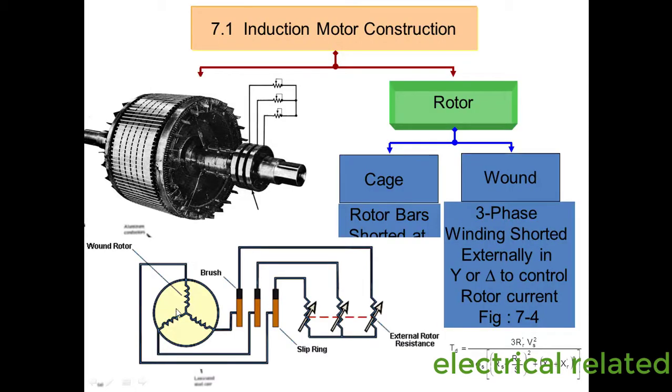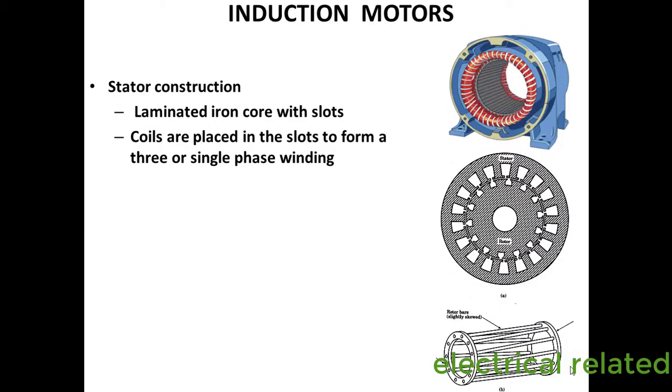Here you can see the picture of a wound rotor, with three variable resistances, and the three connections are shorted externally. If we talk about the stator, the stator has a laminated iron core with slots. Coils are placed in the slots to form a three-phase or single-phase winding.